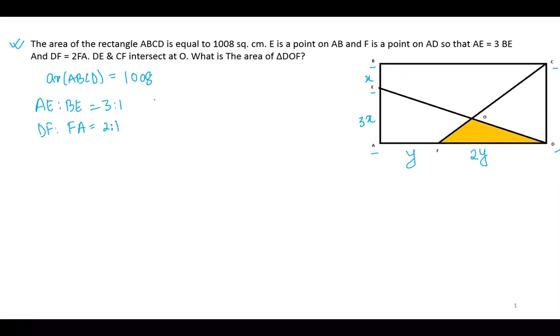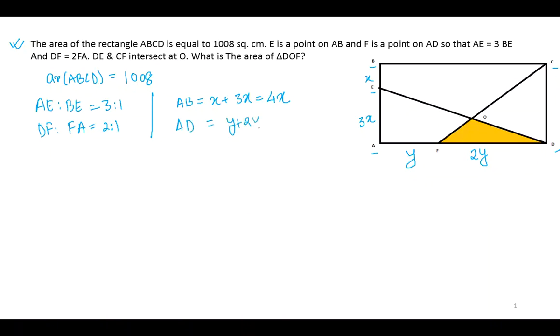Now you understand, if I do that, I am getting AB is equal to X plus 3X, which is 4X, and AD is equal to Y plus 2Y, which is equal to 3Y. Now I also know that area of ABCD is basically the multiplication of the breadth and the length, so I multiply 4x and 3y and get the area, which is equal to 1008.